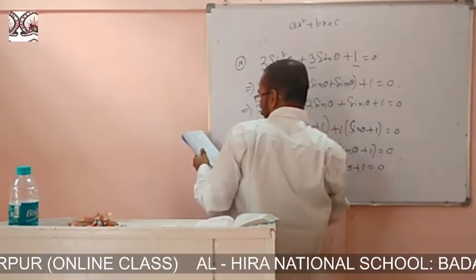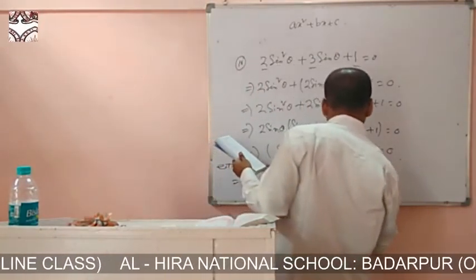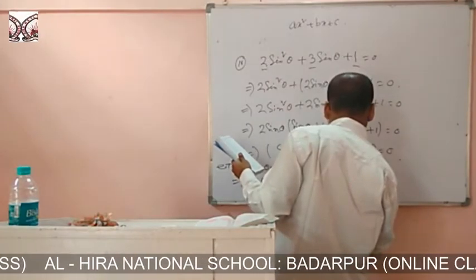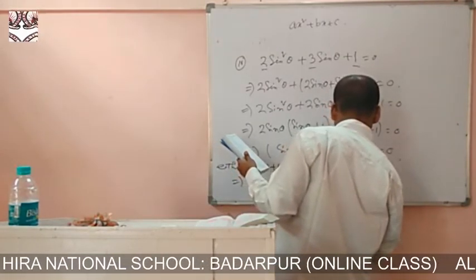Or twice sin theta plus 1, so we can write twice sin theta is equal to minus 1.